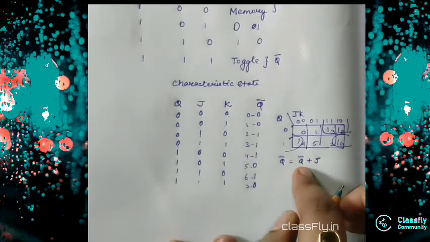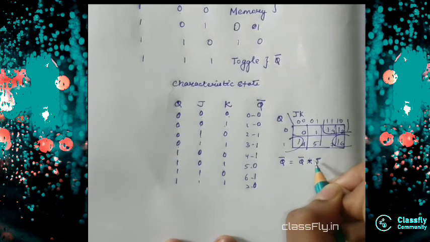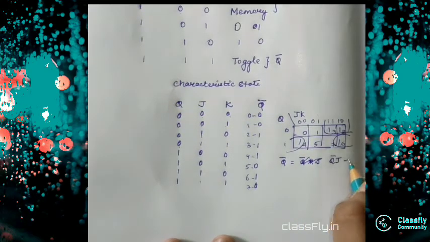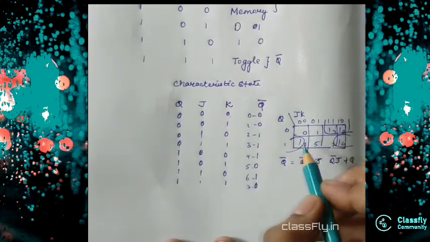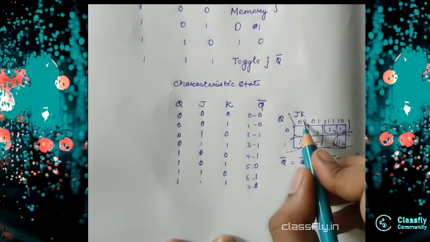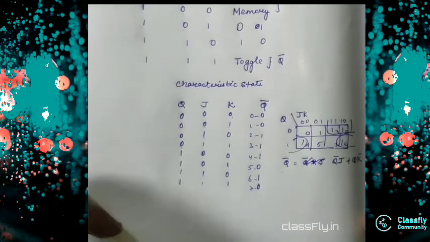So Q bar into J, okay, plus this grouping will be Q, and here as the K is not changing, it will be K bar, okay, because 0 0, so complement. So this will be our equation.